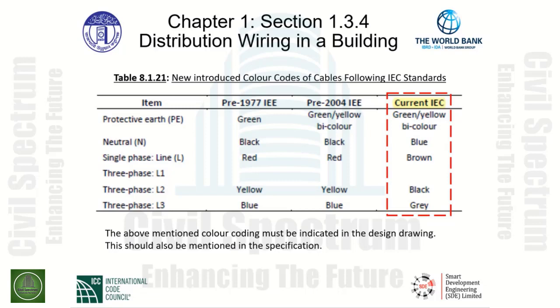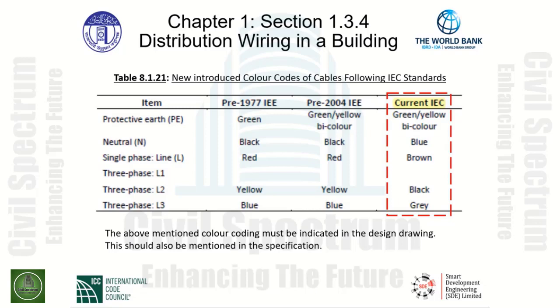Pre-1977 IEE, the protective earth color was green, the neutral was black, and single-phase line was red. The three-phase were given to us as three-phase L2 was yellow and three-phase L3 was blue.